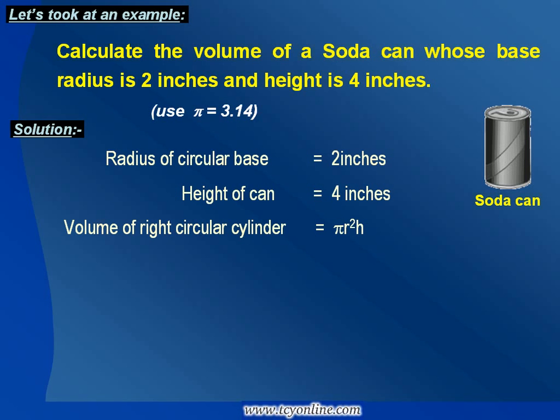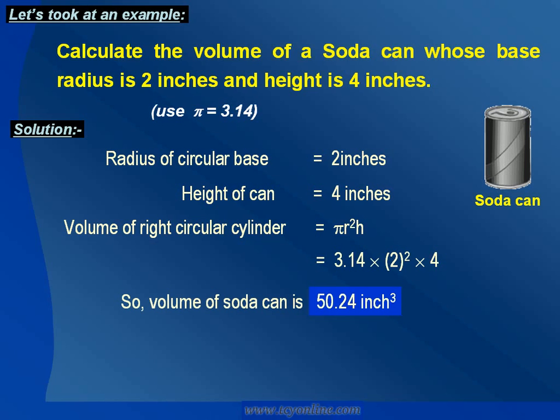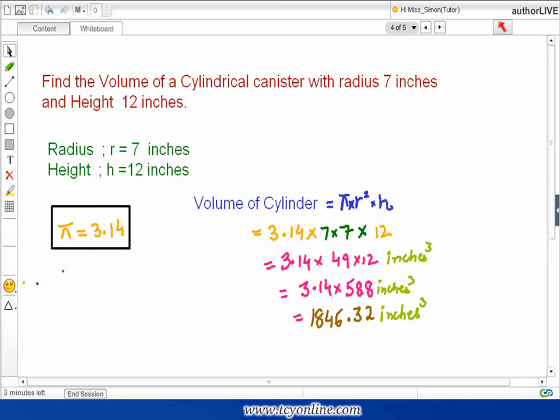Now we plug in the value of radius as 2 inches, height as 4 inches and as directed in the question, pi as 3.14. On simplification, the volume of the cylindrical soda can comes out to be 50.24 cubic inches.